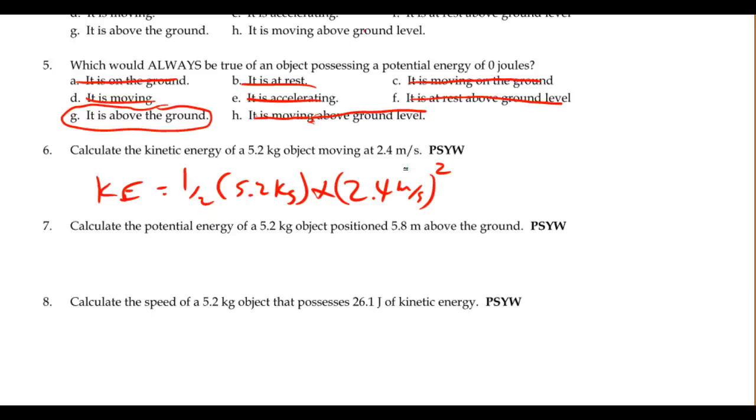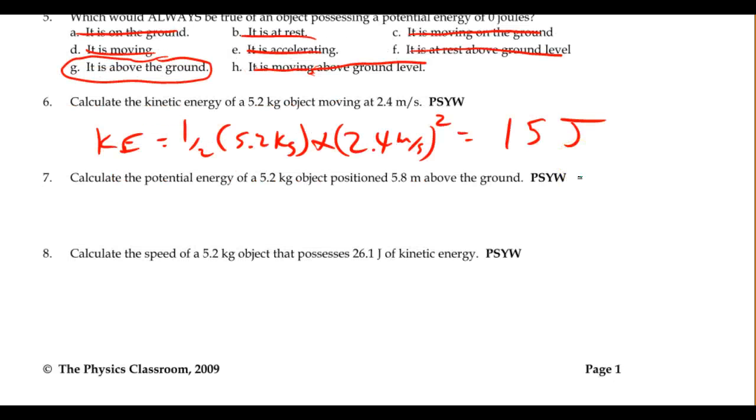So this does indeed give us energy. Something to keep in mind: a joule is not a very large amount of energy. In this case we get about 15 joules. That's not that much energy. 1 joule does not do a whole lot.